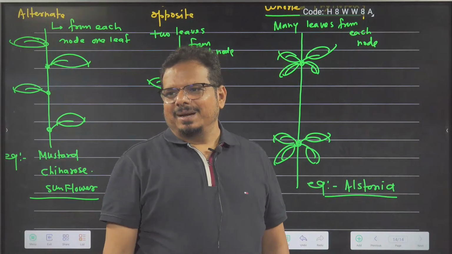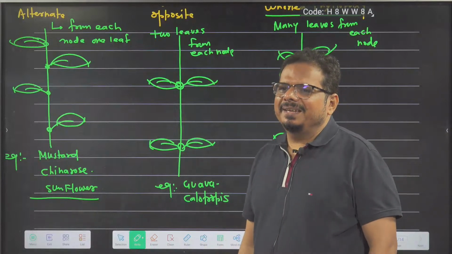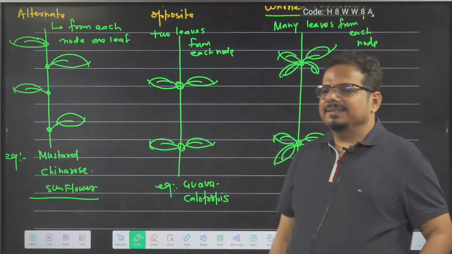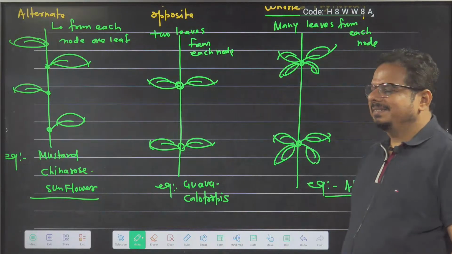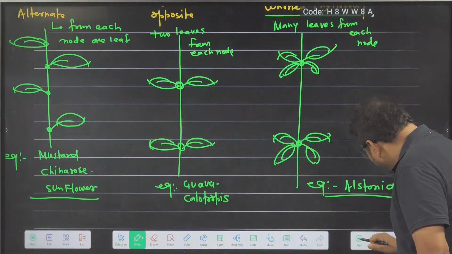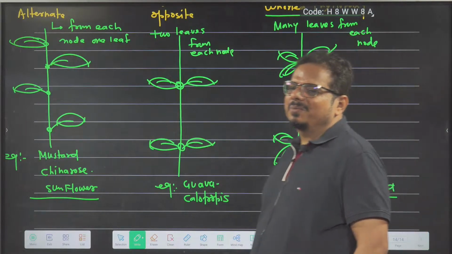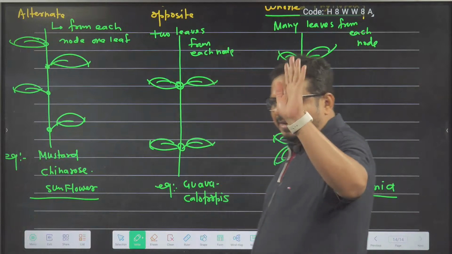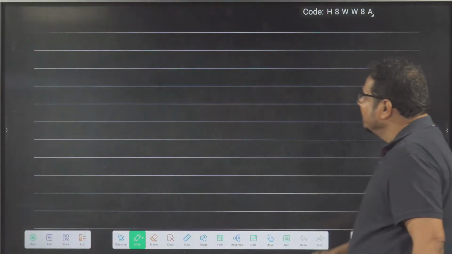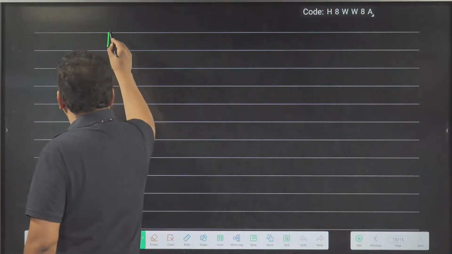One thing written in NCERT that we dealt with in the beginning is modification of leaf, in the very first slides. Now wait, stem we will discuss: aerial modification of a stem.